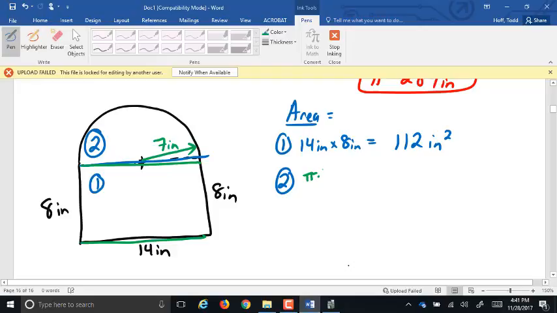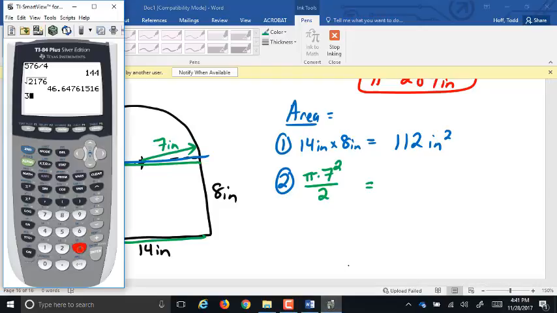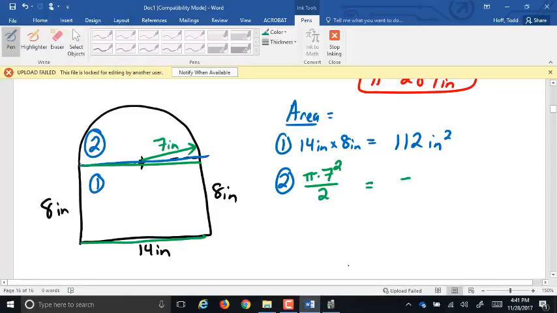So that area is pi times 7 squared, but is it a full circle? No, it's a half circle. So we have to divide it by 2. So it's 3.14 times 7 squared divided by 2. 76.93 inches squared.